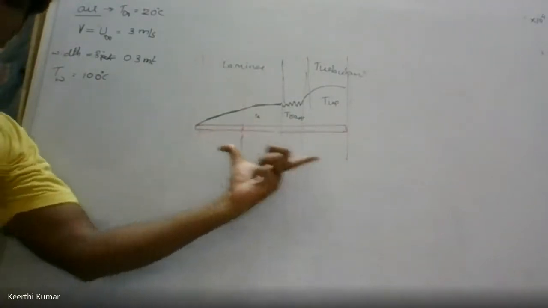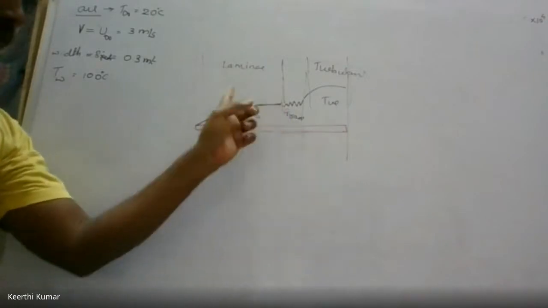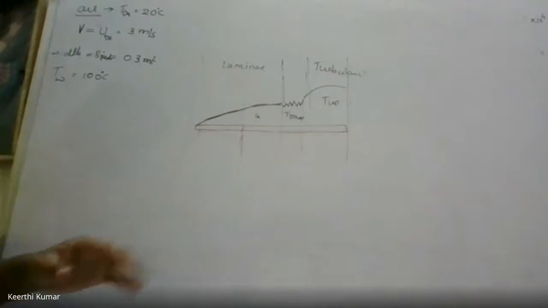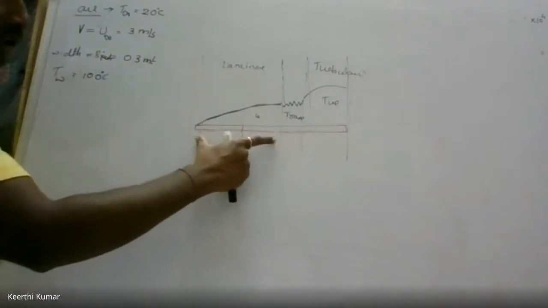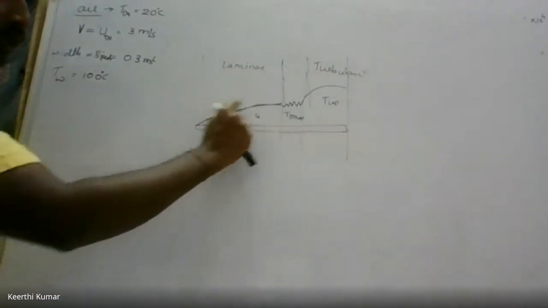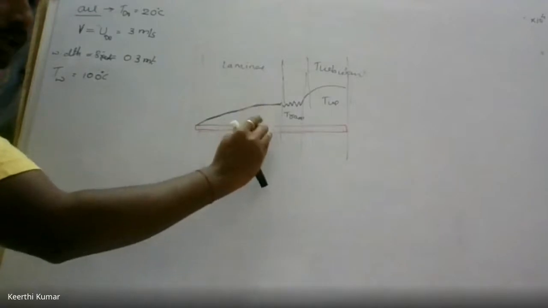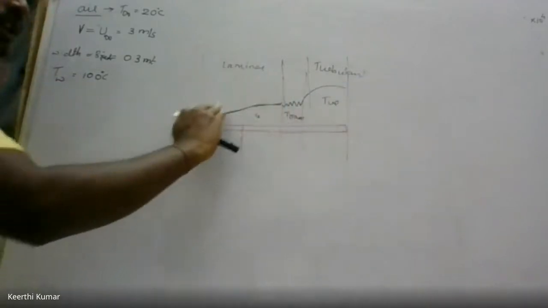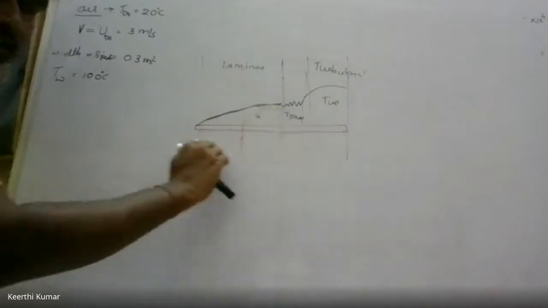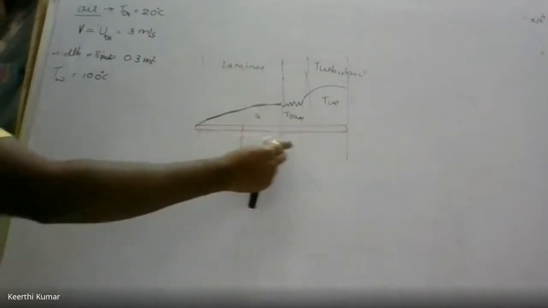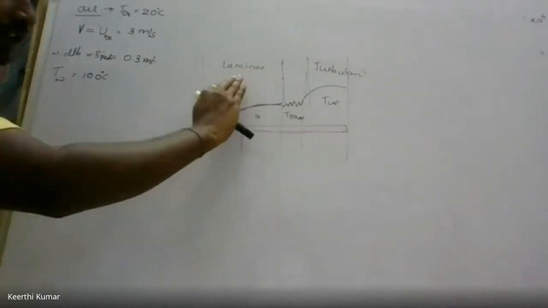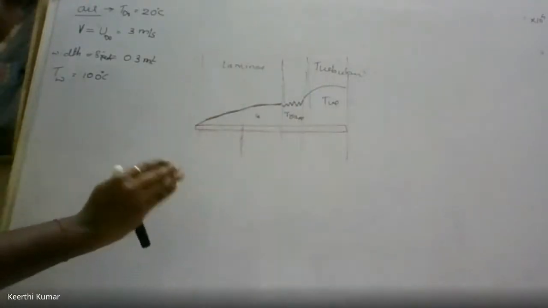If the plate length is bigger, you will come across all these 3 phases. Understanding what I'm telling? If the plate length is very large or infinite, then you will come across the laminar region, transition region, and turbulent region. But this transition region will be very, very small. We'll neglect that and just take the laminar and turbulent regions straight away.